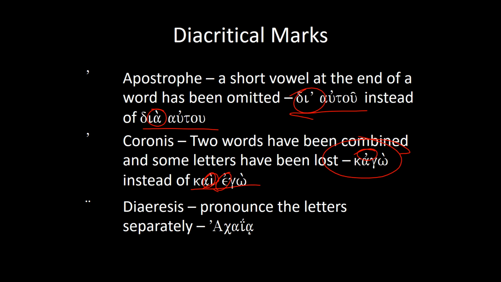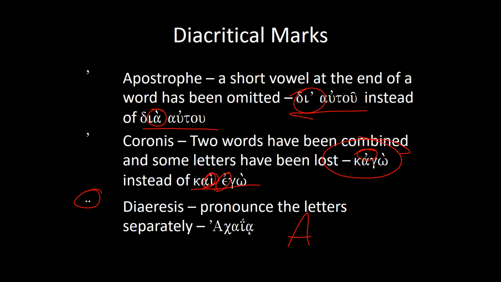And then there's a diaeresis. This little mark right here tells us you're going to pronounce each letter separately. You're not going to pronounce it like a diphthong. So here's the word in English that we call Achaia, a place. In Greek, akaia.